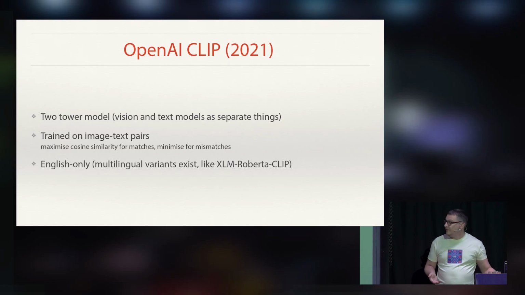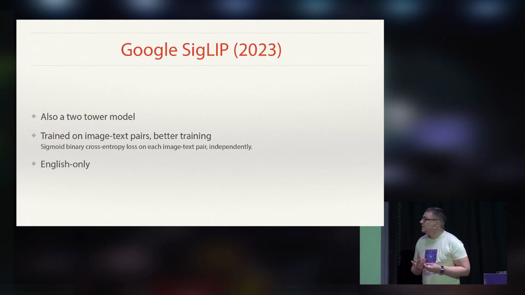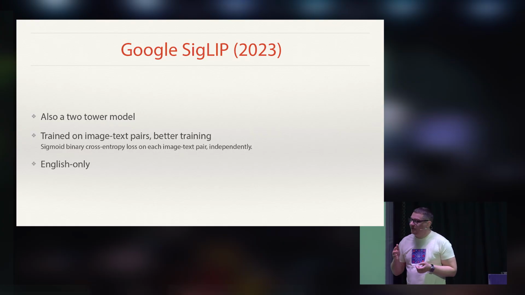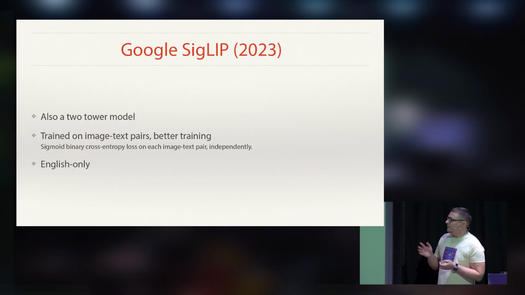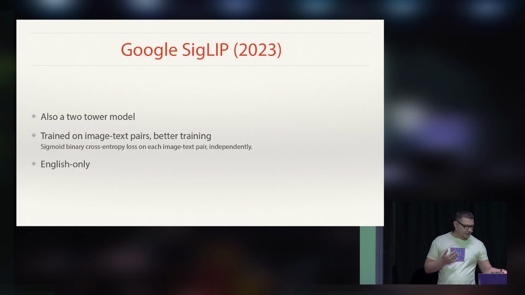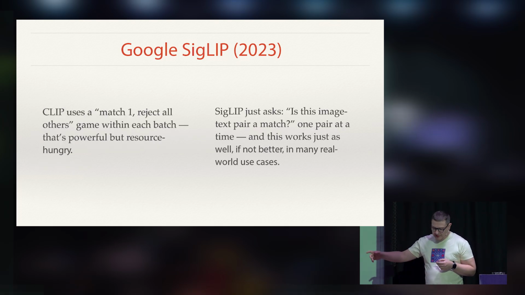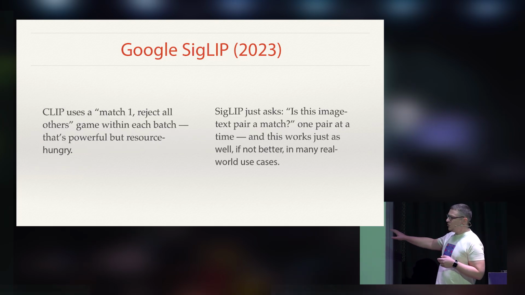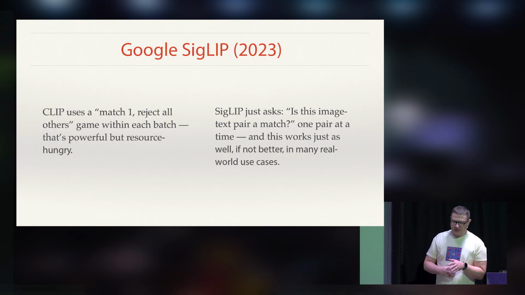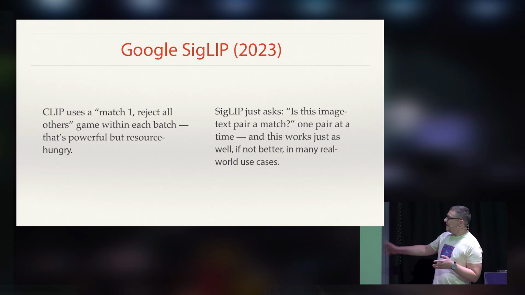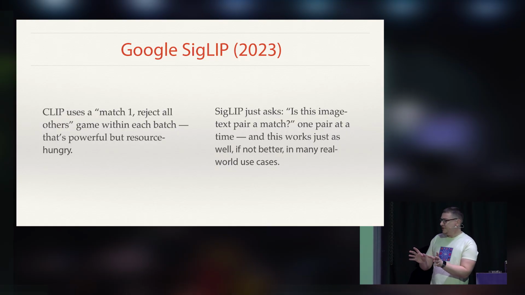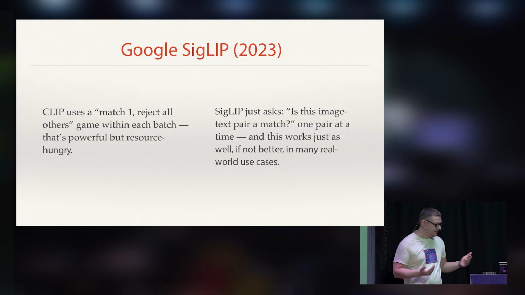There is a newer one by Google in 2023, which is around the time of ChatGPT. Also a 2-tower model, they had a better idea for training, but it's still English only. The better idea is that CLIP matches one description to an image and discards everything else, and SigLIP just asks, does this pair match? Yes, no. So you can use a lot more compute because you're not doing an n times n matrix of possibilities.